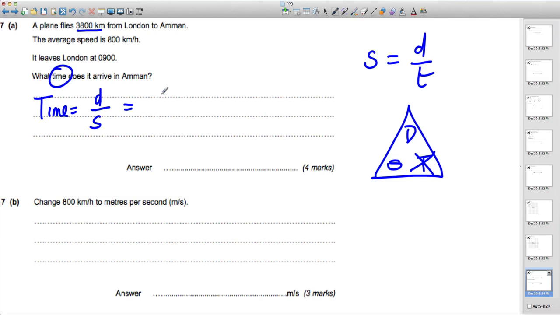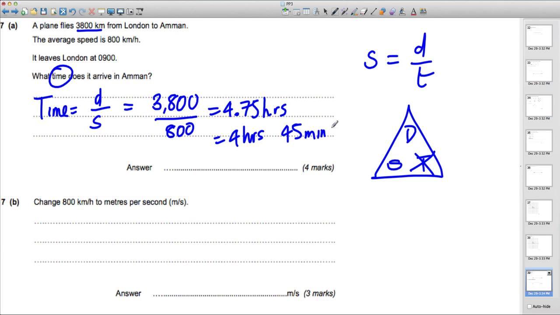The distance is 3,800 divided by 800. Okay, so 3,800 divided by 800 is 4.75 hours, which in terms of hours and minutes is 4 hours, and 3/4 of an hour is 45 minutes.